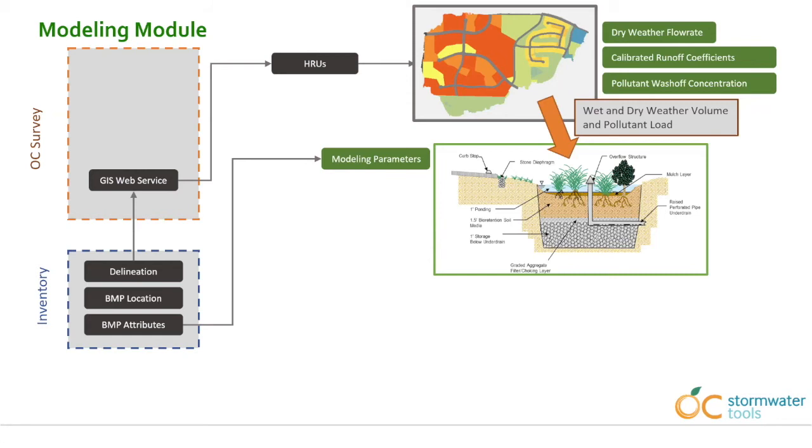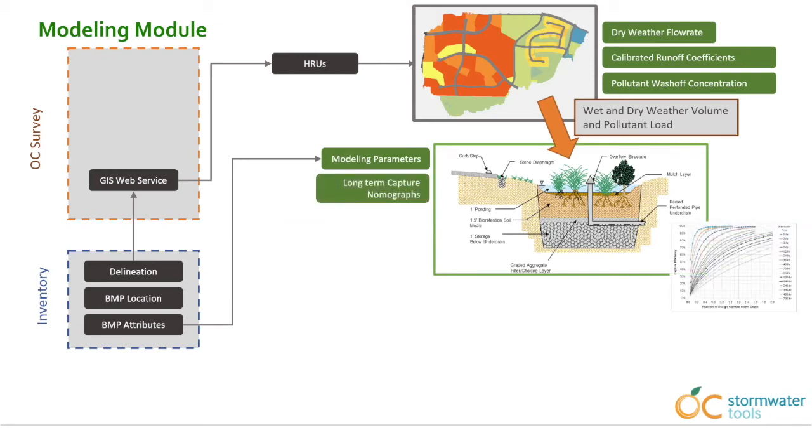So now that we've got our loading from our delineation, we can route that through a BMP and transform that volume and that load by the processes that happen in stormwater controls. For describing our BMPs, we'll leverage the set of attributes that we've recorded in our inventory and bring those forward. But then we'll combine those attributes to scale and size our BMPs according to additional modeling that we've cached in the background, with long-term capture nomographs for BMPs of various sizes and design features.